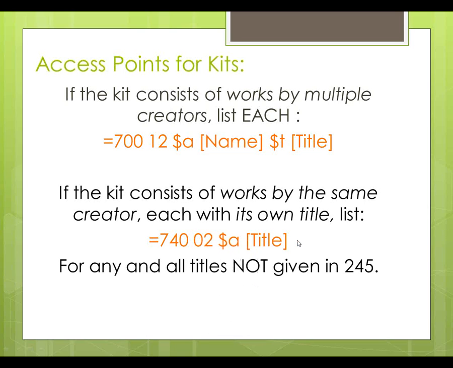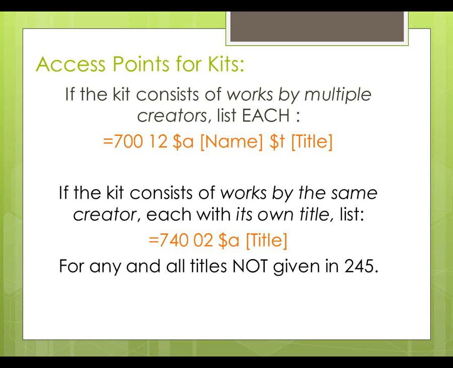You don't need the author name because the author name is the same for each and it already appears in the 100 field for records like that. If one of the works in the kit is going to give its title to the kit as a whole, then you don't need to use a 740 for that. So hopefully you're with me so far here.